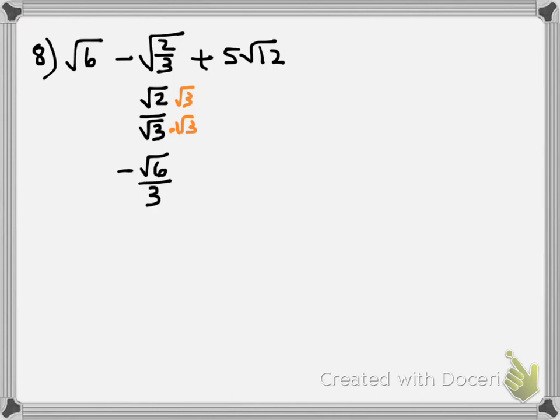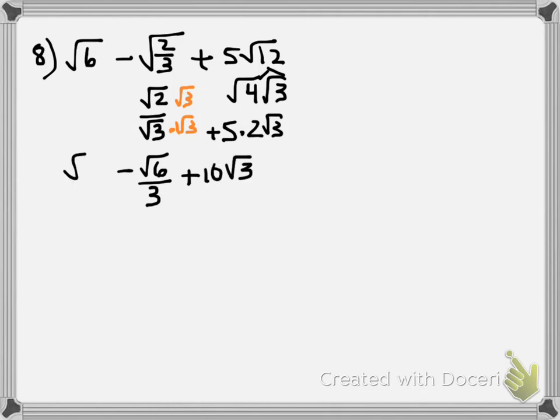All right, let's look at this guy over here. Perfect square factor of 12 is 4. So I have positive 5 times 2 radical 3, which gives me a positive 10 radical 3. And then I have a radical 6. Do I have any matching radicands? Yeah, the first two, the ones with the 6s.